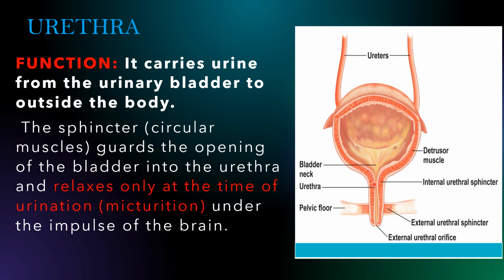The sphincter, or circular muscles, guards the opening of the bladder into the urethra and relaxes only at the time of urination. These muscles will relax only at the time of urination, yes, under the impulse of the brain.